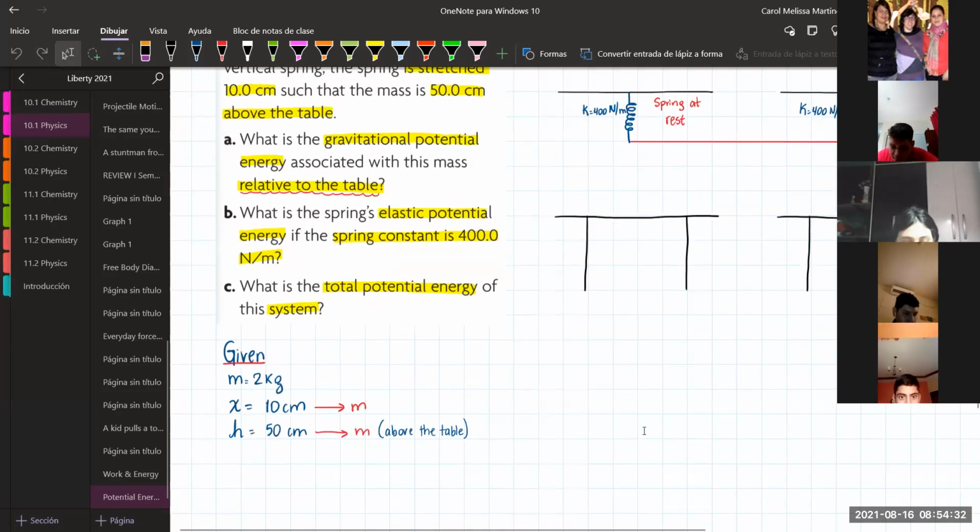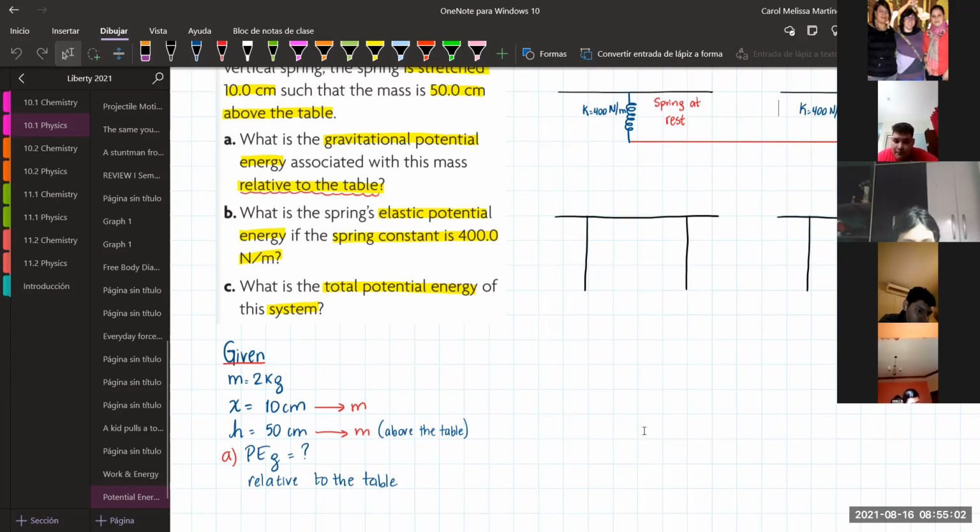In part A, the problem is asking you to find the gravitational potential energy. So PEG is unknown, and it says relative to the table. Usually, the gravitational potential energy is taken from the ground.